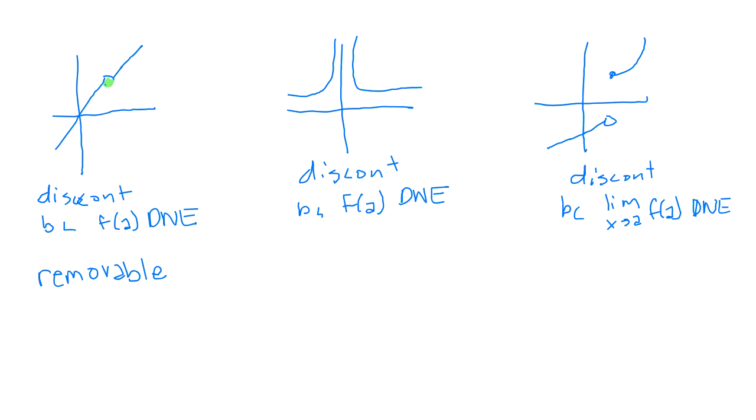Our next type is going to be our infinite discontinuities. This is pretty self-explanatory, but an infinite discontinuity is because your limit at that point goes to plus or minus infinity. Lastly, we have our jump discontinuity.